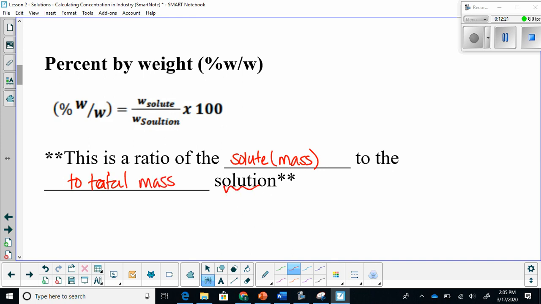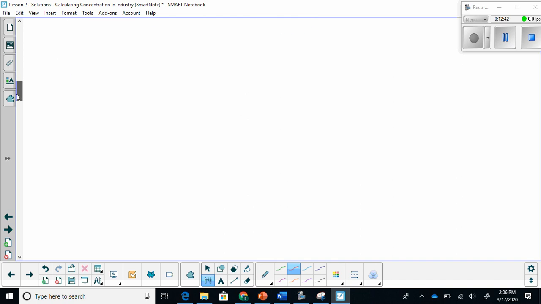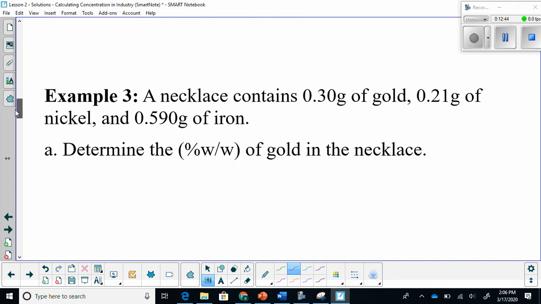Okay, a solution basically doesn't need to be a liquid. In jewelry, for example, one of the metals will be considered the solvent and one of them will be considered the solute, depending on which one we have more of. This is the same as the other formula, but instead of using volumes, we will be using mass.